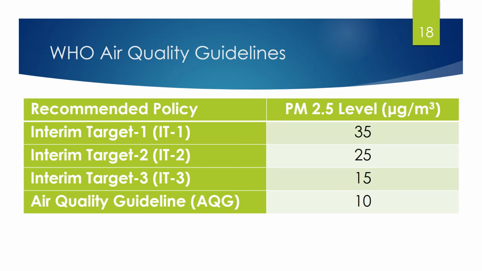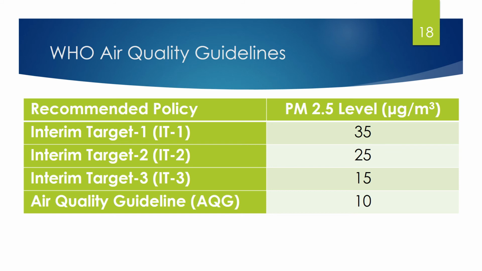Now, to establish a national health policy, looking at the World Health Organization air quality guidelines is a point to start from. They have recommended a certain number of policies. It starts with Interim Target 1, Interim Target 2, Interim Target 3, until you get to the air quality guideline, which is about 10 microgram per cubic meter.